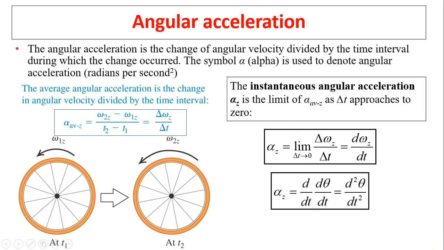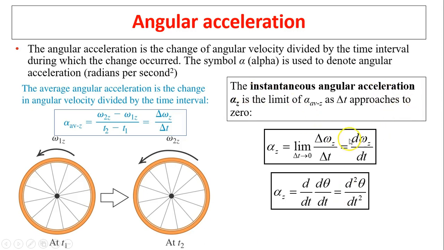Next concept is angular acceleration. Angular acceleration is the change of angular velocity divided by the time interval during which the change occurred. The symbol alpha is used to denote angular acceleration. So alpha equals change in omega divided by change in t.